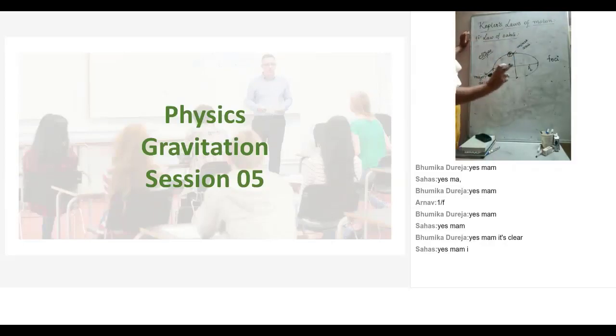But definitely the sun will be at one of the foci of the elliptical path. This is exactly what Kepler said. Did you understand the first law of Kepler, which is called the law of orbits, and defines the shape of the orbit and the position of the sun in the orbit?